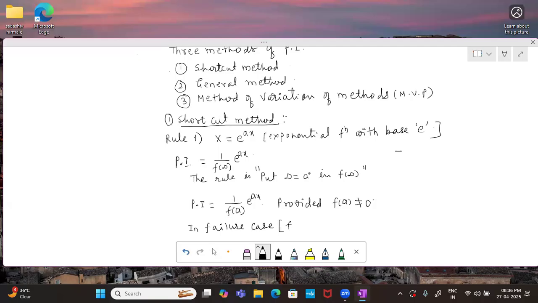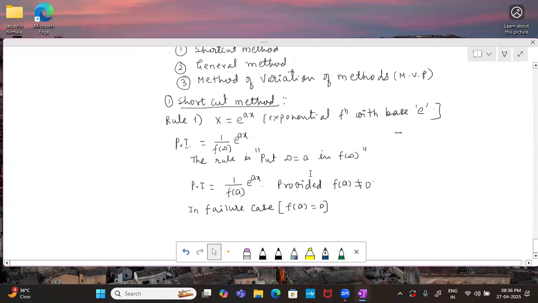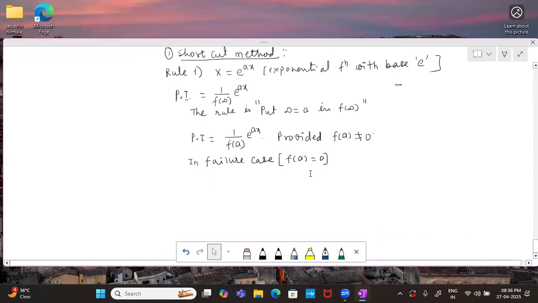But in the failure case, failure case means when f of a is equal to 0, apply the following conditions.